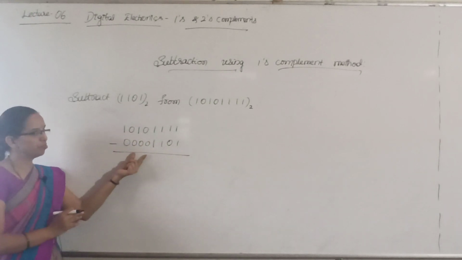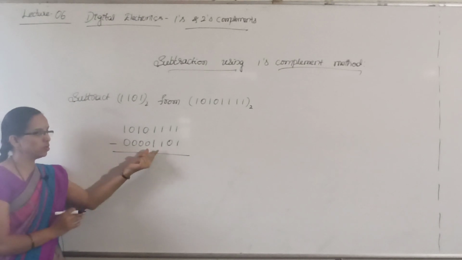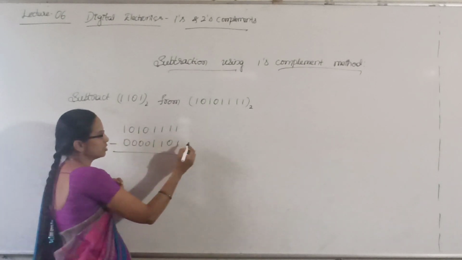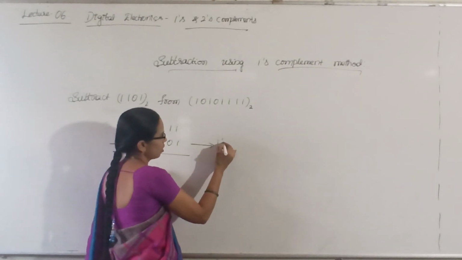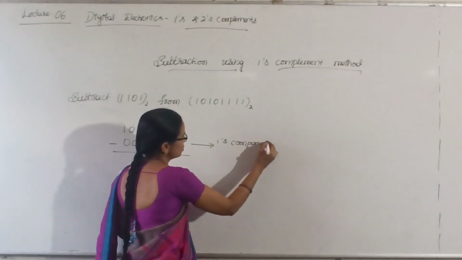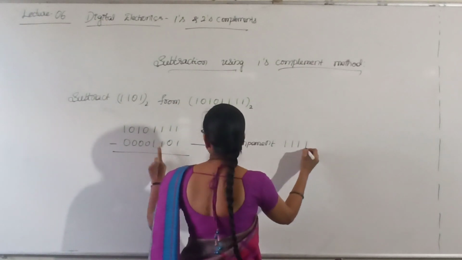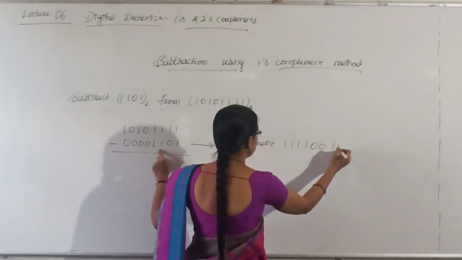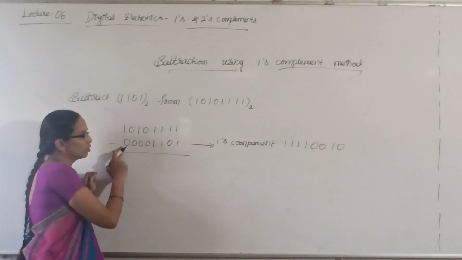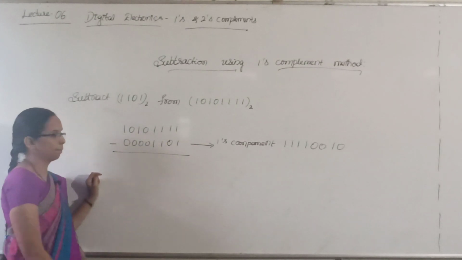So I have put 4 zeros in front of the subtrahend. I will take the 1's complement of this. The 1's complement of this number is 11110010. It's very easy. Replace all the zeros by ones and ones by zeros.